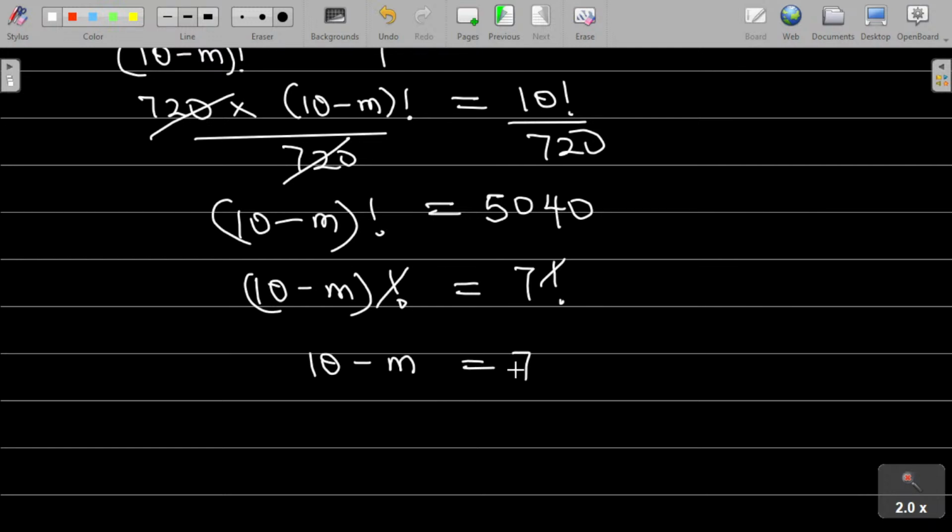Make m the subject. Let your 7 come over. So you have 10 minus 7, which is 3, equal to m. So our m is actually equal to 3. So for those of you that got 3, 3 is correct.